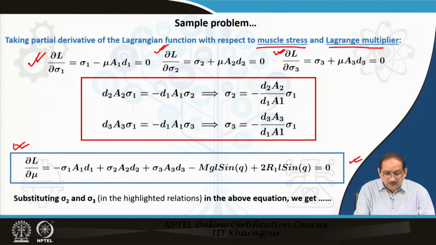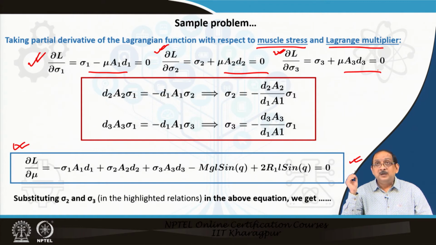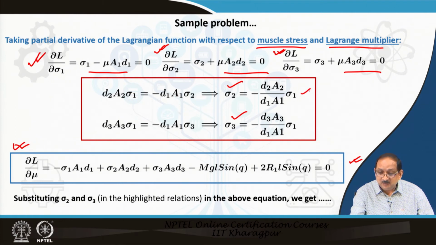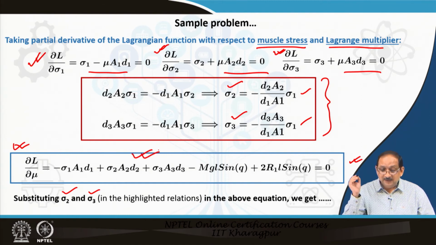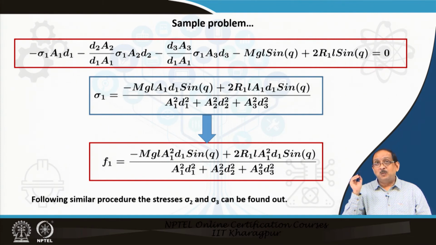So, from the three partial derivatives as indicated here, equating to 0, we can express sigma 2 and sigma 3 in terms of sigma 1, and thereafter substituting sigma 2 and sigma 3 from these highlighted relations in the above equation as I have indicated, we can actually find out sigma 1.